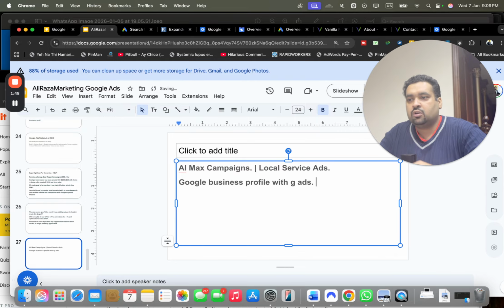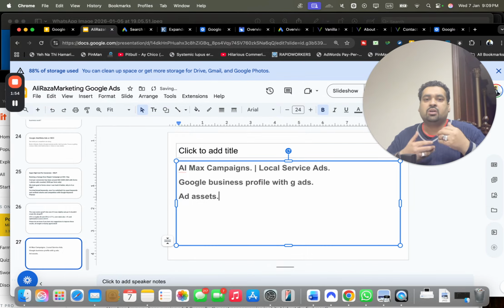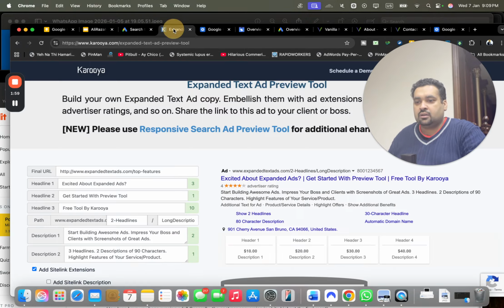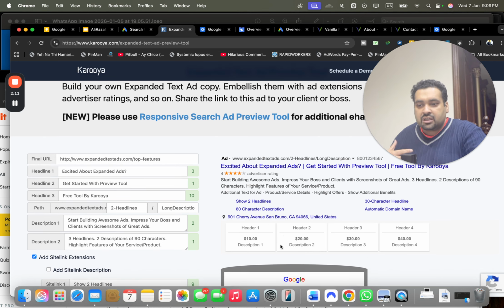I think that you need to work on your ad assets. Ad assets could potentially increase your sales, because I'm looking at increasing your conversions, and I think ad assets can play a crucial role. These are the ad assets, previously known as extensions. Look at advertisement ratings, sitelinks over here, location extensions, and adding some deals and promos.